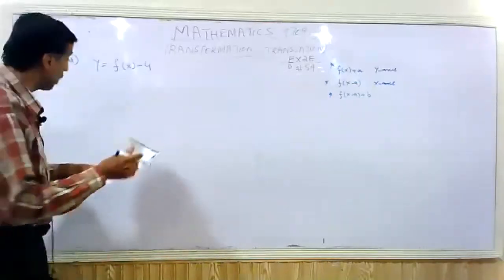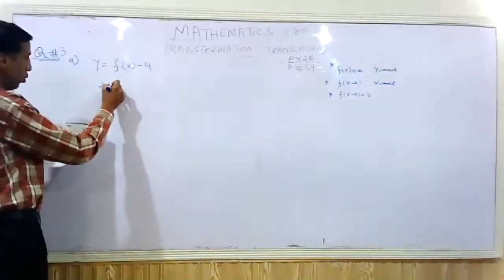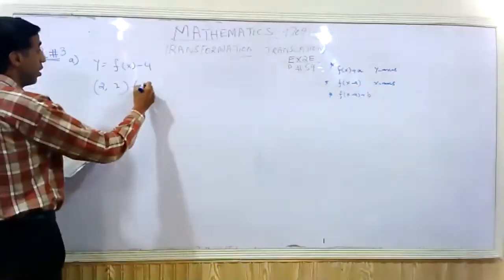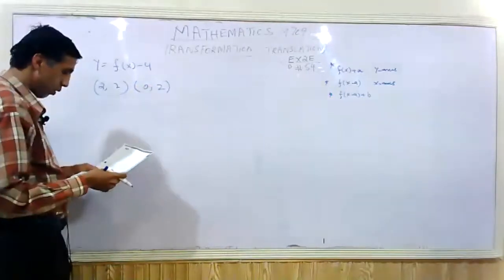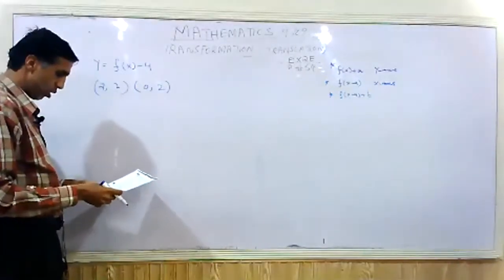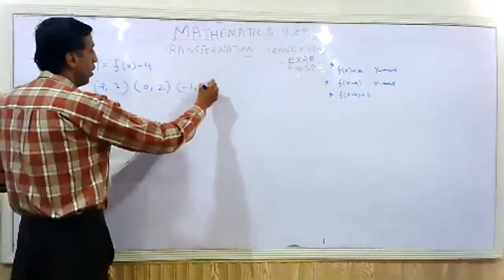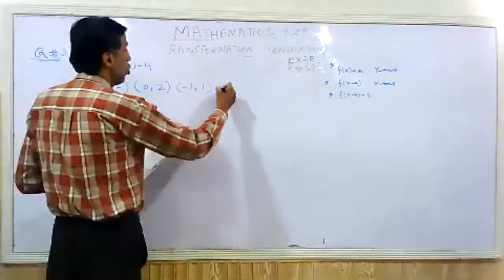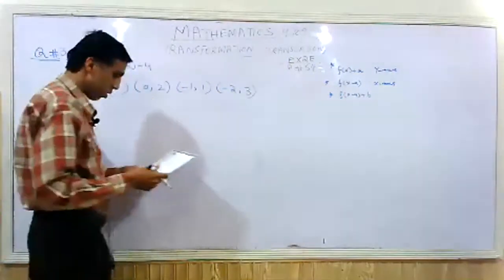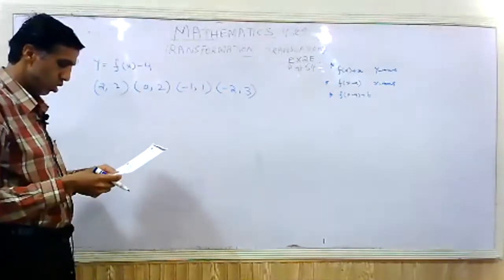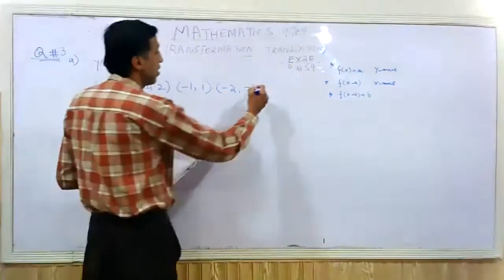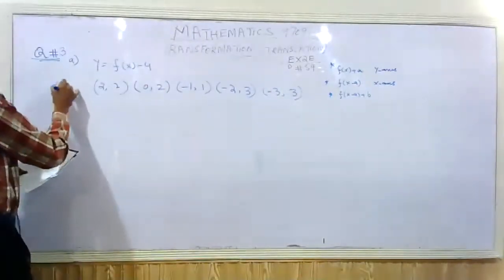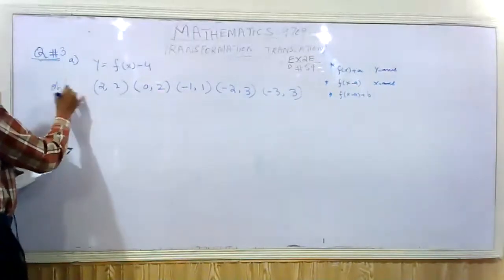The graph has 2, 2; 0, 2; minus 1, 1; minus 2, 3; minus 3, 3. This is the object graph.